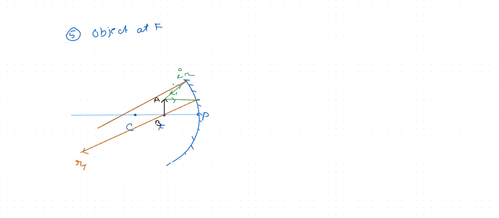If made correctly, it should never intersect. It should be parallel and go and meet at infinity. I'm just doing it like this.